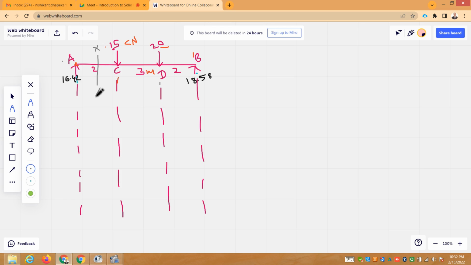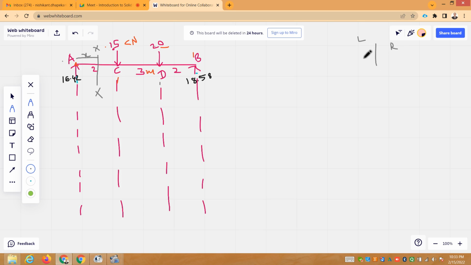Obviously to the left of the section one reactive force is there, so you have to assume a distance x. Now the sign convention, you can watch my previous videos. In all the lectures we have considered section left, section right.